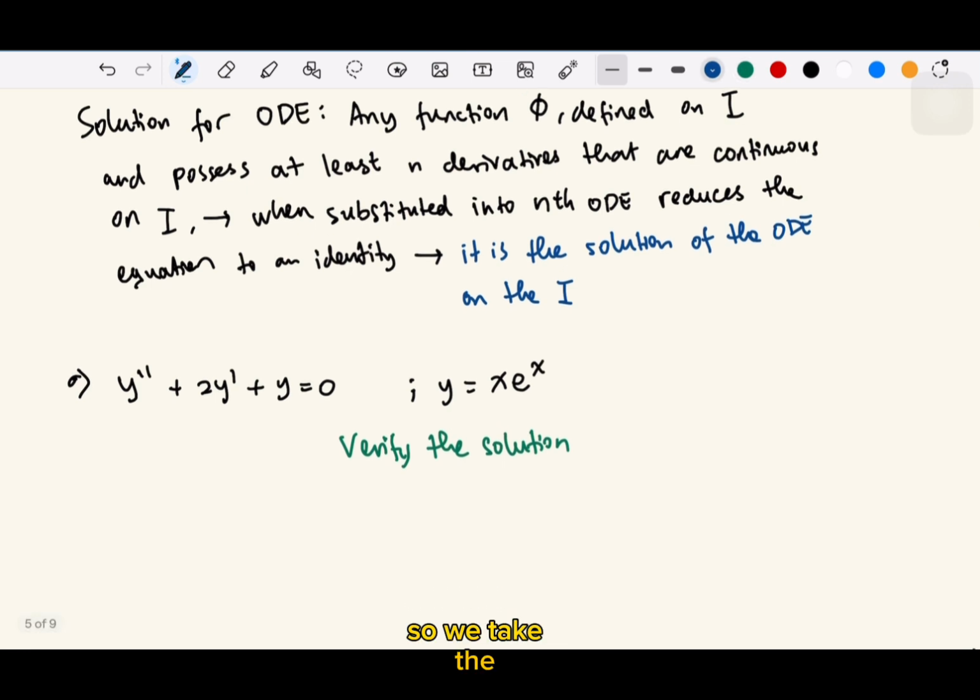So we take y equals x e to the power of x, and we try to take its first derivative. Anyone still remember how to write this? We have x e to the x.